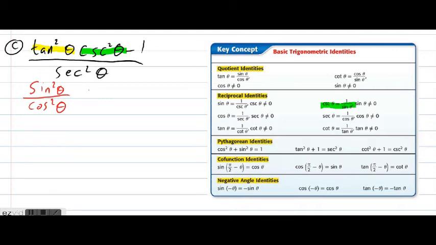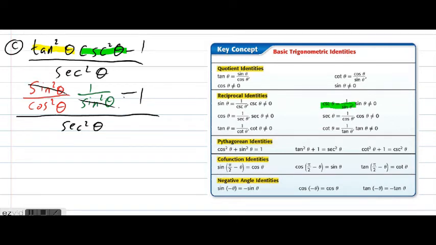So cosecant squared is just going to be 1 over sine squared of theta, minus 1, divided by secant squared of theta. And I get lucky here. Those cross cancel. So now I'm left with 1 over cosine squared of theta minus 1, divided by secant squared.